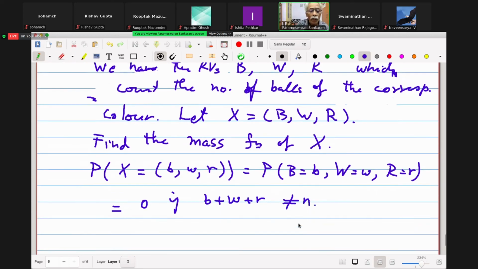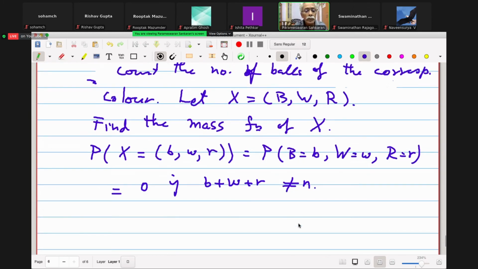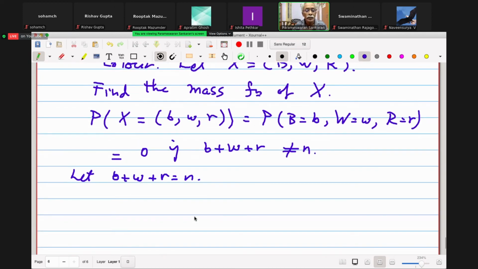So let b plus w plus r equal n. In this case, what is the probability?